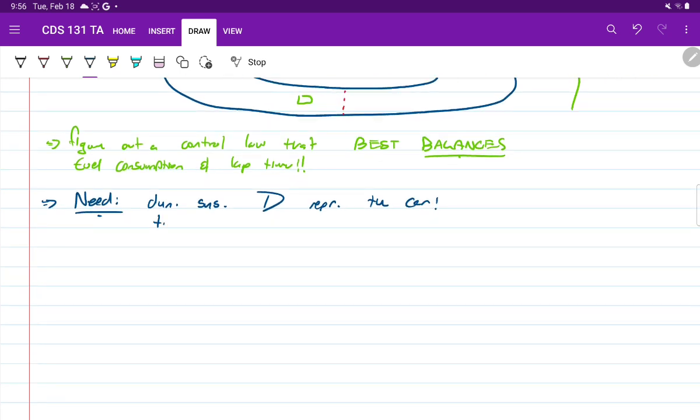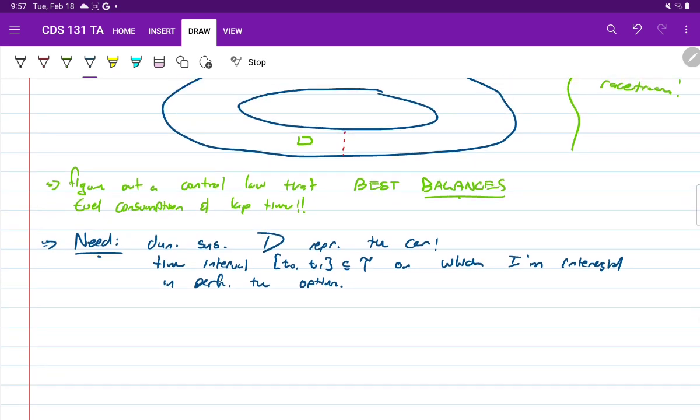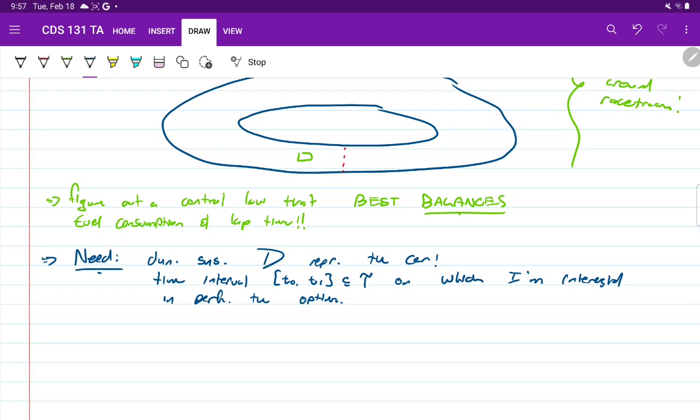And maybe I have some time interval t0, t1, which is a subset of my time set, on which I'm interested in performing the optimization. Okay, so just for the sake of this lecture, for simplicity, we're only going to consider these finite bounded time intervals, but you could do this on arbitrarily long time intervals as well. Okay, this is our basic setup, what's in the background, right?